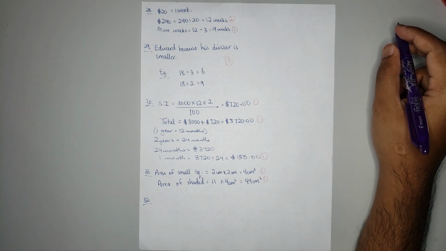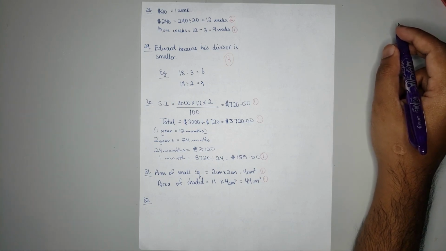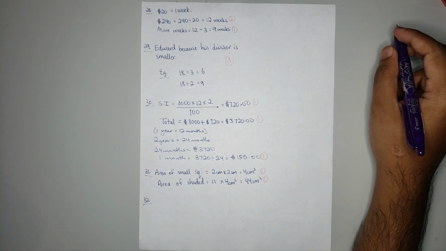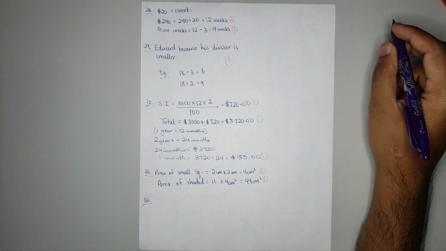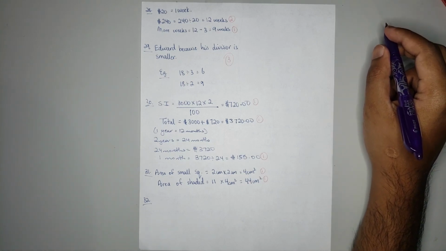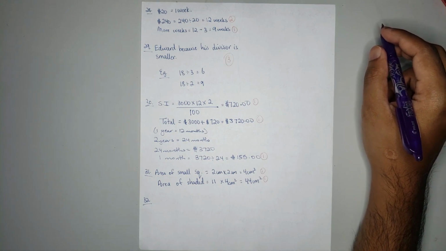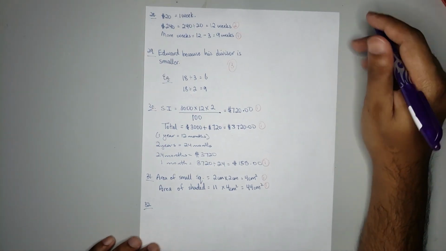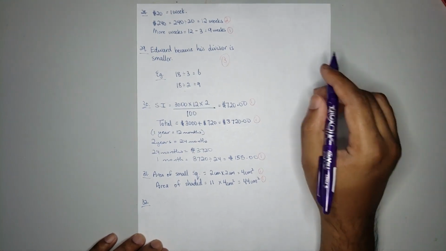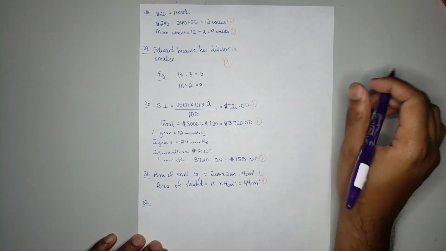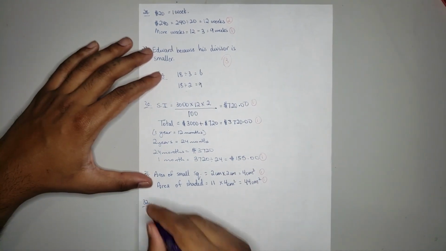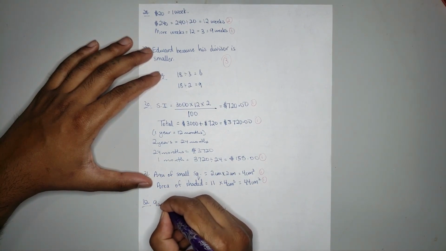So the car park rate is you pay $5 per hour or any part thereof. So even if you park for 5 minutes, you still need to pay $5. So we need to calculate the length of time from 9 a.m. to 12:45 p.m.